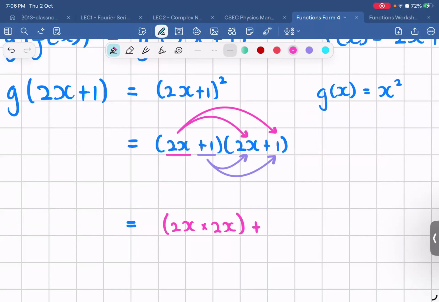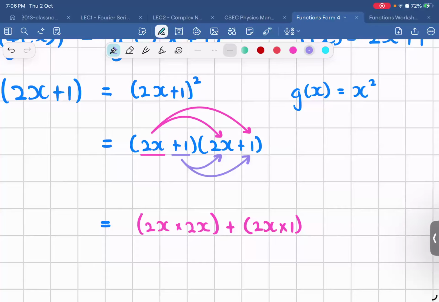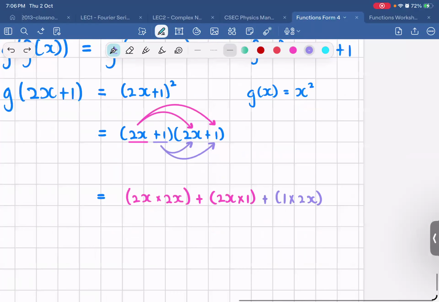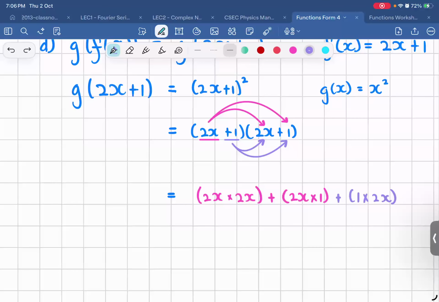Right, so then we have plus 2x by 1. Okay, so we're done with the pink part. Help me with the purple part one time. So then we have what? 1 times 2x. Right, so that's going to be plus 1 times 2x. And what's the last one? Plus 1 times 1. Right.